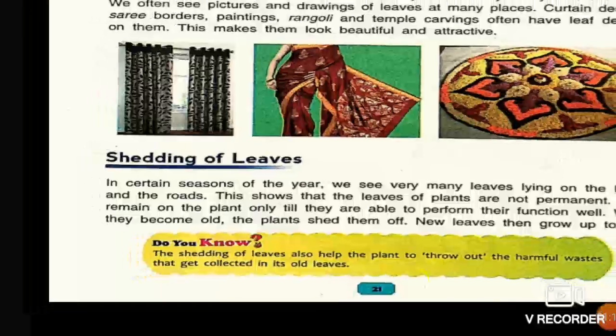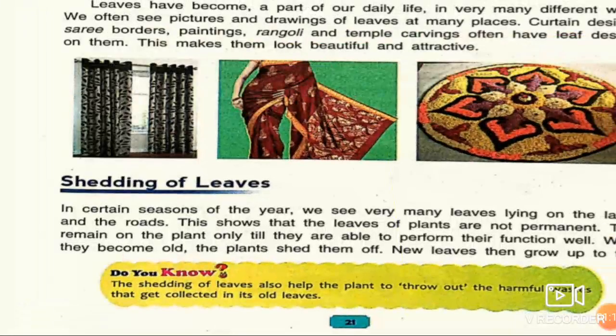I am reading these lines. In certain seasons of the year, we see very many leaves lying on the lawns and the roads. This shows that the leaves of plants are not permanent. Leaves are not permanent. They remain on the plant only till they are able to perform their function well.